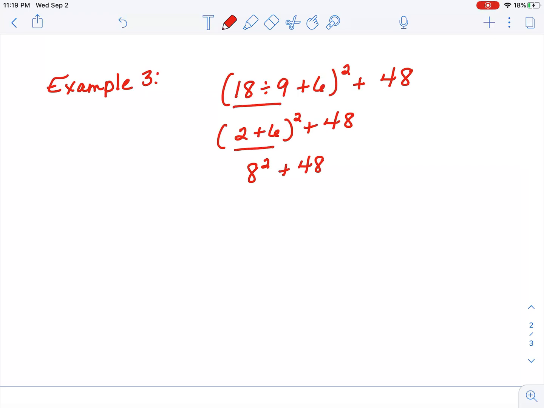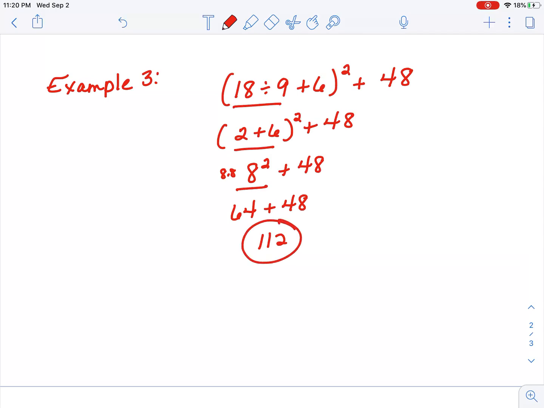Now, I'm done with parentheses. Do I have any exponents? Yes, that means 8 times 8. So that's 64 plus 48. And then all I have left to do is to add.